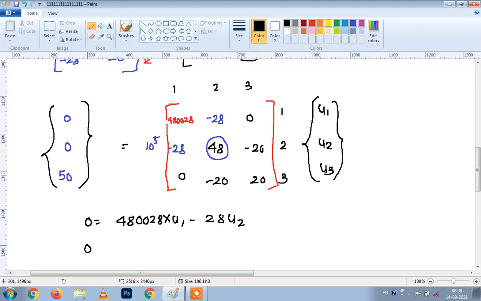Similarly for the second, 0 is equal to minus 28 u1 plus 48 u2 minus 20 u3.